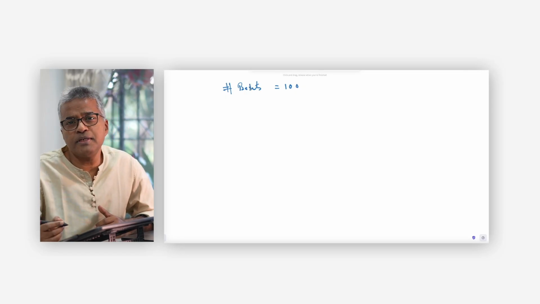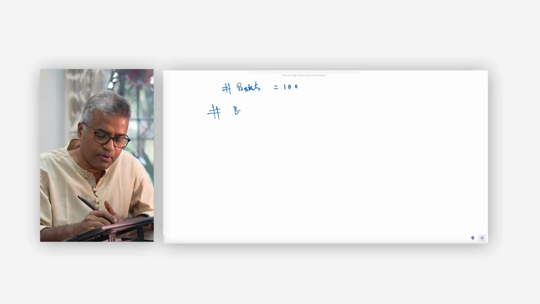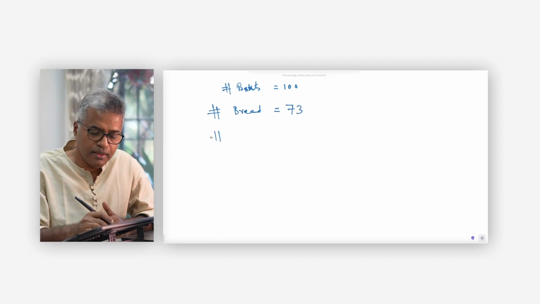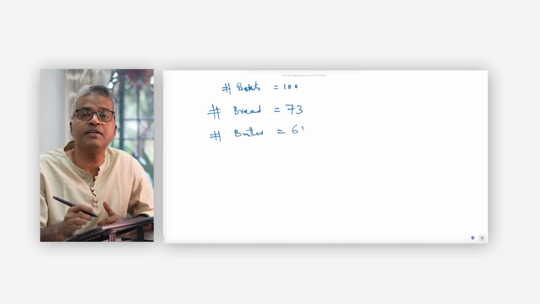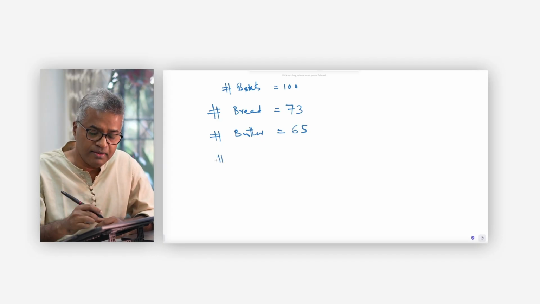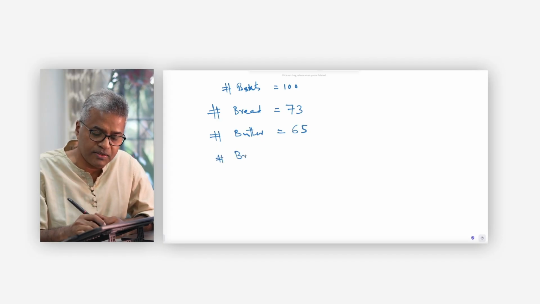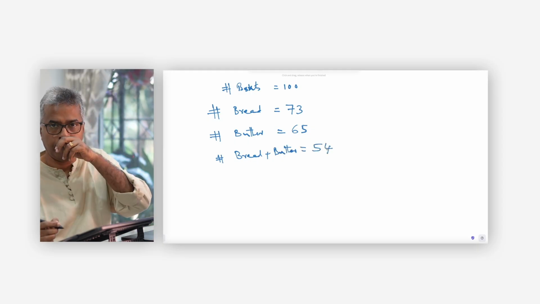Then suppose the number of baskets with bread is equal to say 73, the number of baskets with butter equal to say 65, and the number of baskets with both bread and butter equal to say 54.